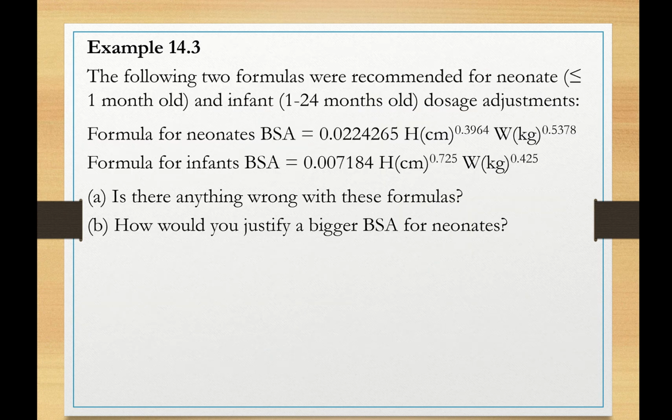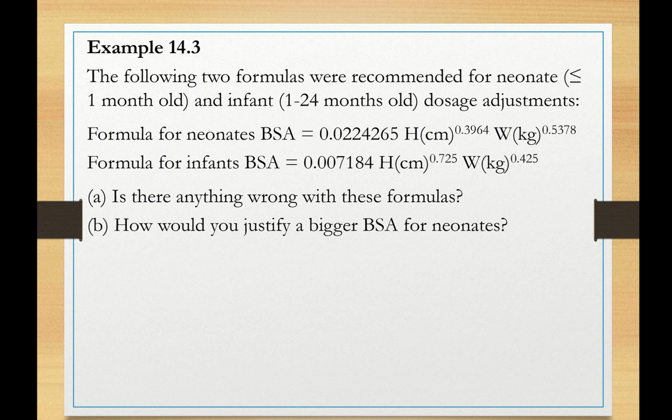Now, in example 14.3, I'm attempting to demonstrate the validity of body surface area for neonates versus infants, and explain in pharmacokinetic terms why these formulas could be quite accurate, and when they could be used, that it should be drug specific.